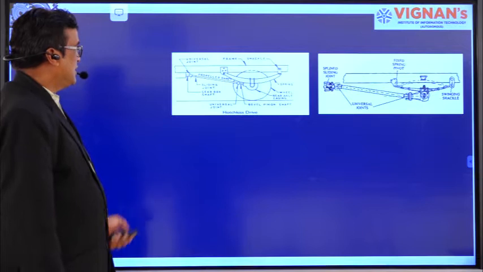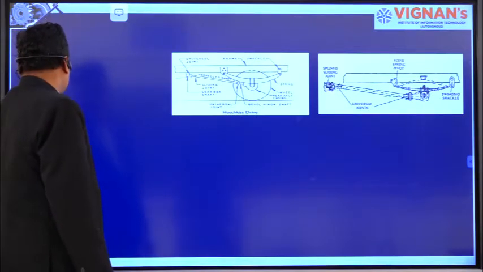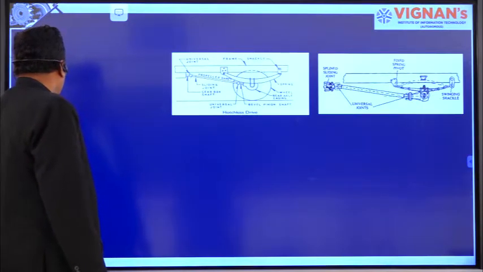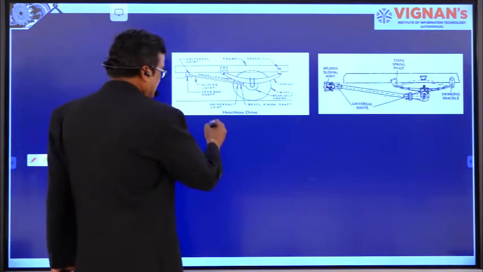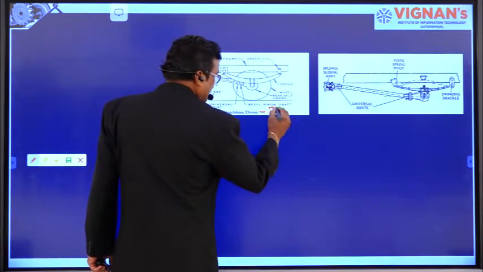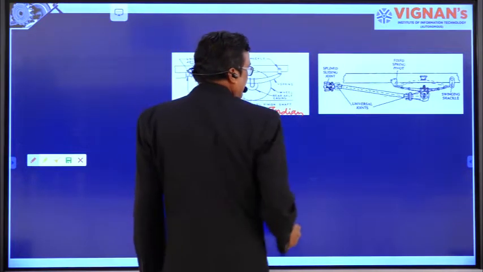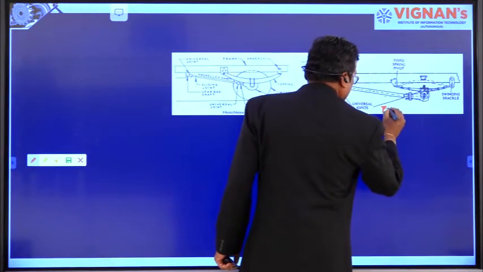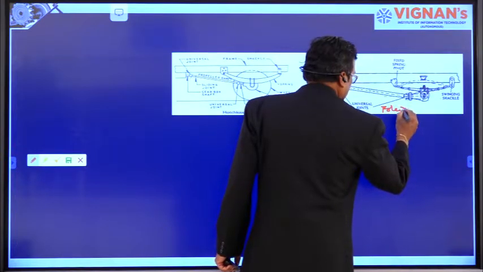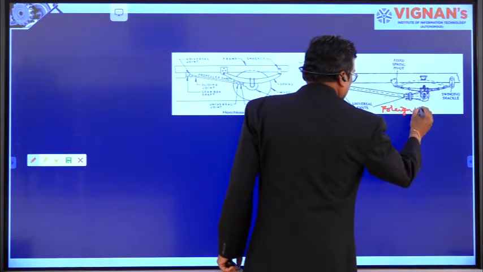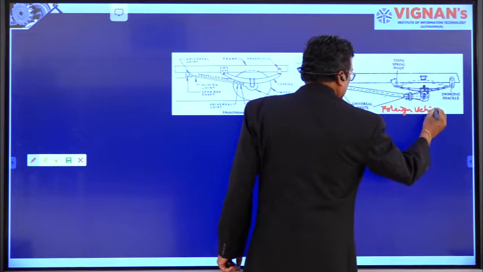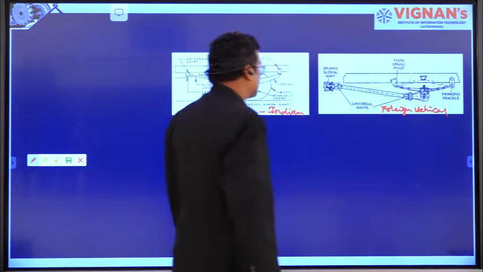These are the Hotchkiss drive and torque tube drive arrangements. The Hotchkiss drive arrangement is adopted for Indian vehicles, and the torque tube drive arrangement is for foreign vehicles. Let us discuss one by one.